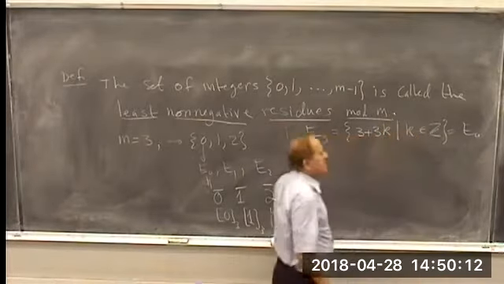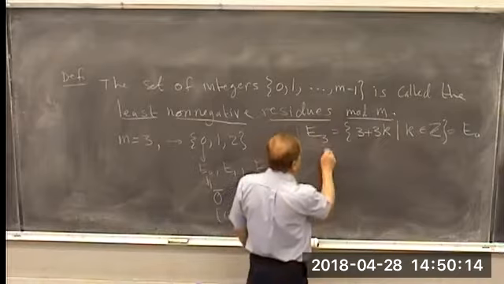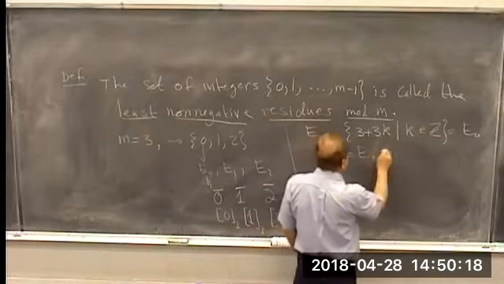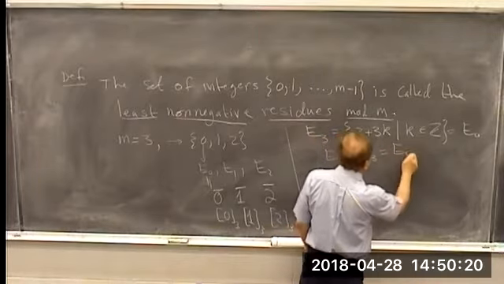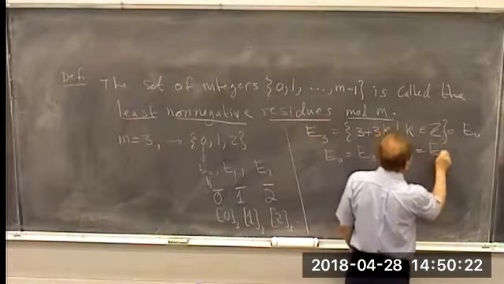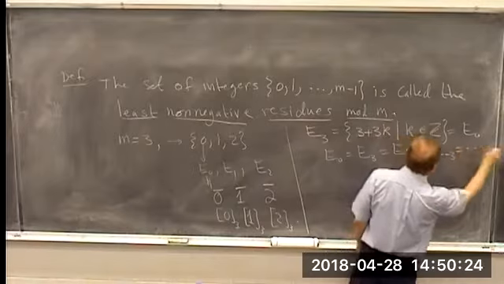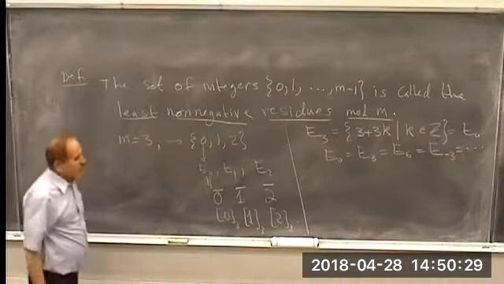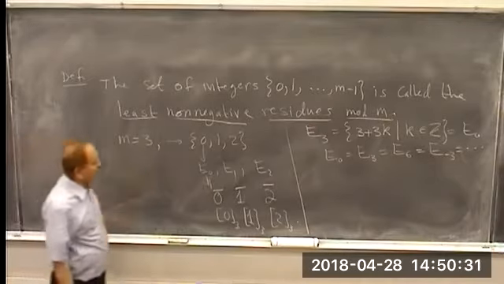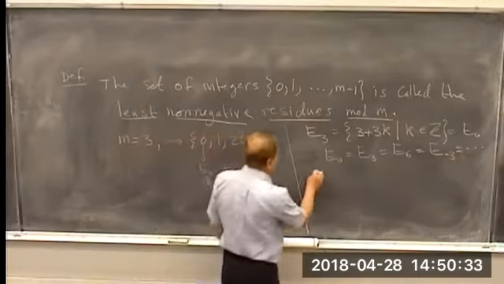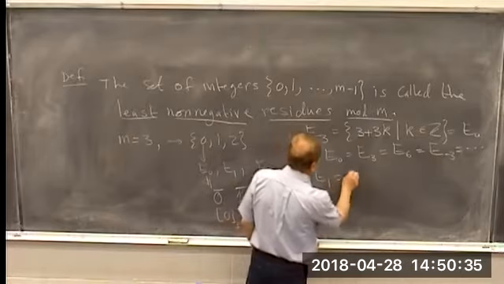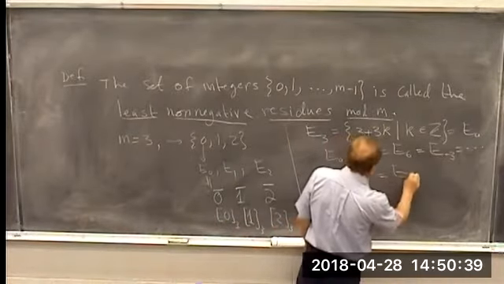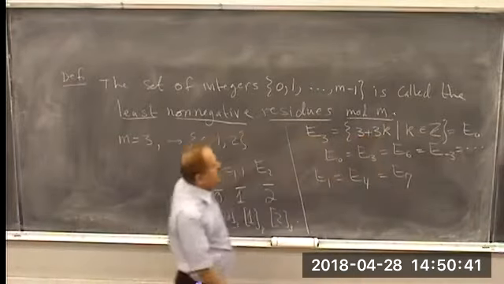So it's not hard to see that E sub 0 is the same as E sub 3, the same as E sub 6, the same as E sub negative 3, and so on. There are infinitely many of those, and this is true for the other ones. For example, E1 is the same as E4, which means just keep adding or subtracting a 3.